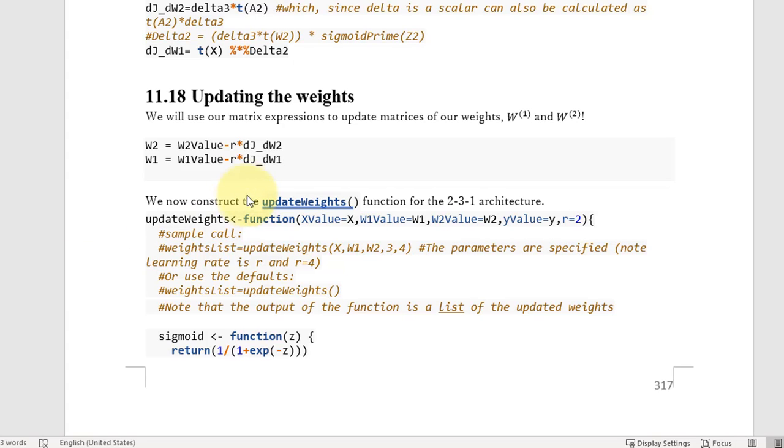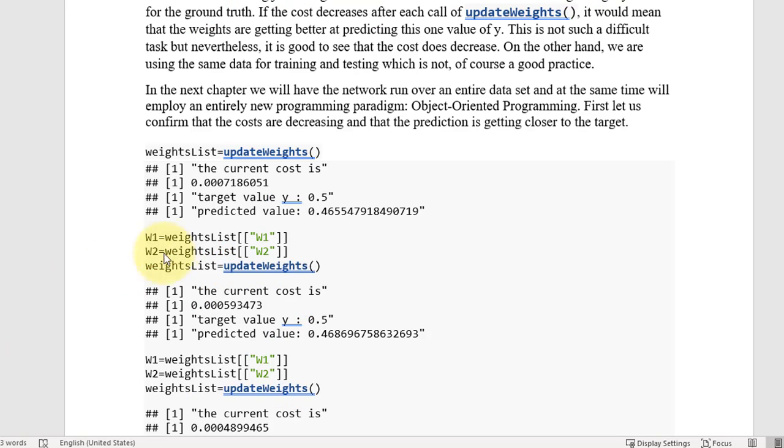So now this is the main thing that we needed to get, and now we can construct an update weights function and use these to update the weights. And when we do that, we can make predictions, and we can check the costs as well.